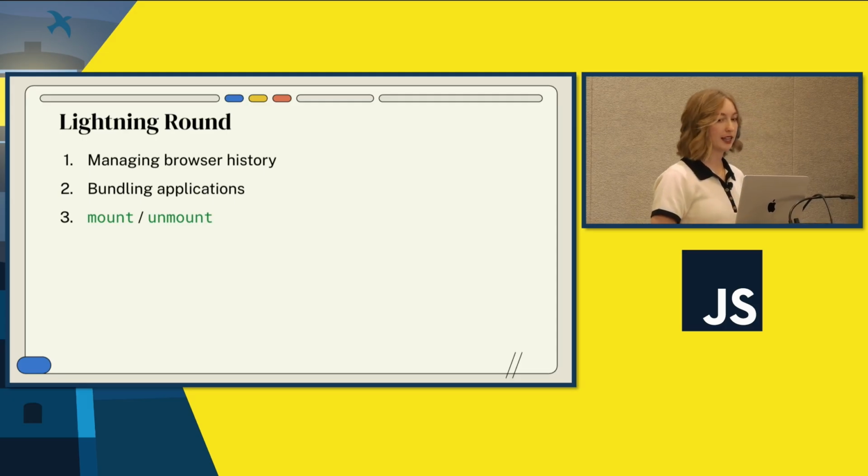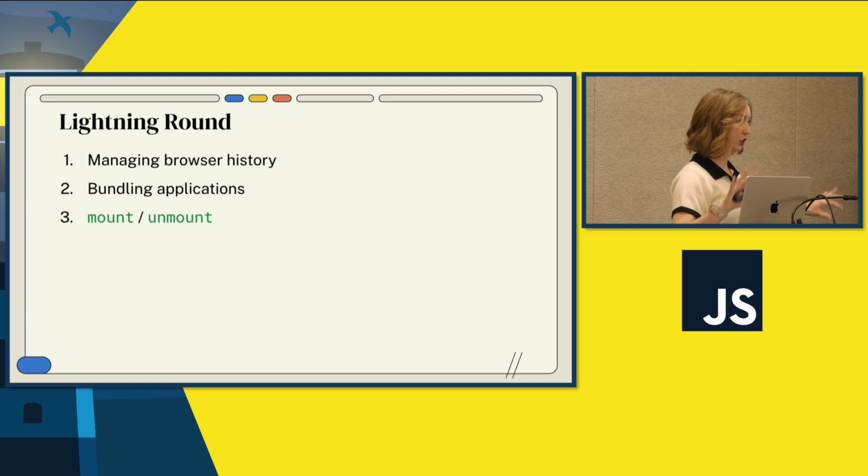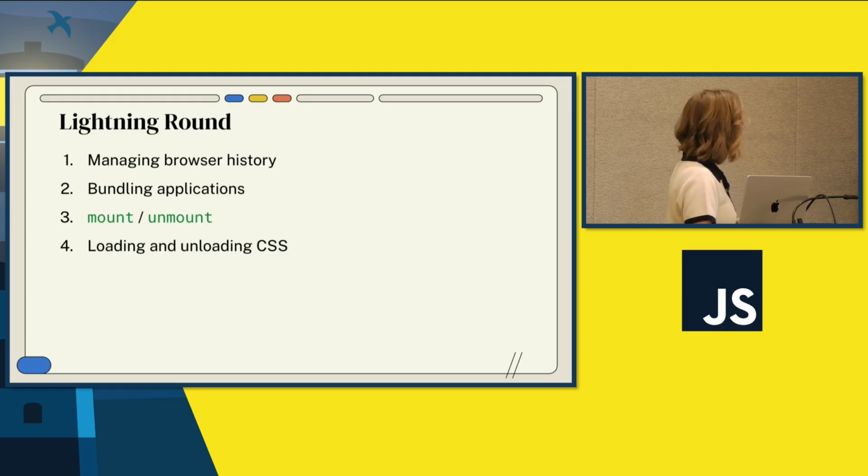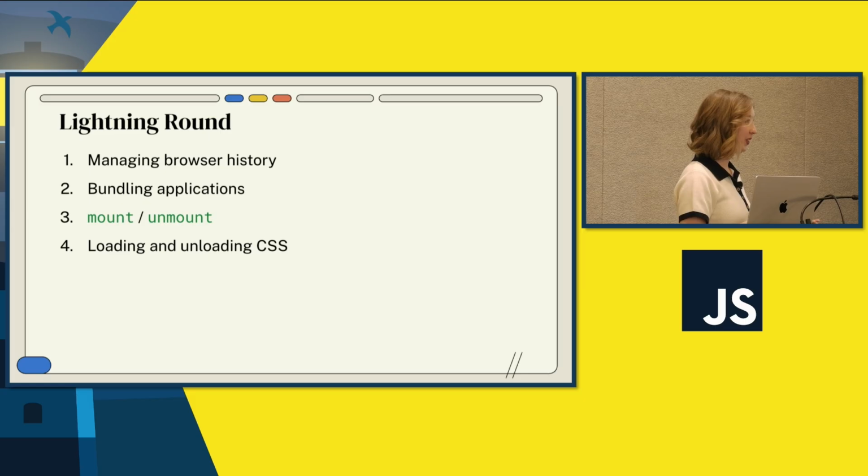All right, last one. We have micro front ends, things are split up. Do we want all of our CSS to be together? No, right. So you'll need a way to load and unload the CSS for each micro front end. And unloading here is just as important as loading, because these micro front ends don't know anything about each other at build time.